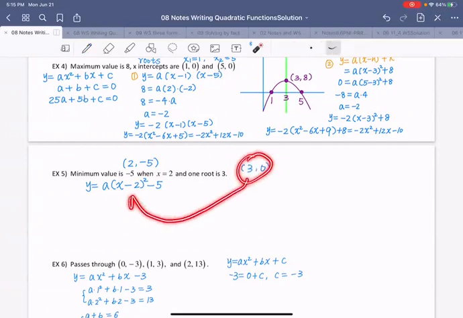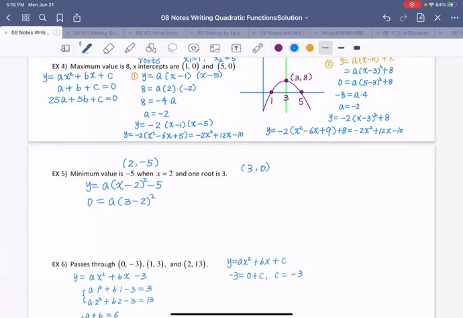Can we plug in here, please? 0 is equal to a times (3 minus 2) squared minus 5. Perfect. Continue. Then you get 0 is equal to a minus 5. A is equal to 5.